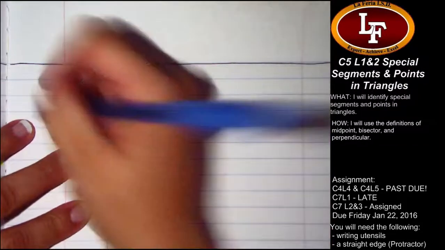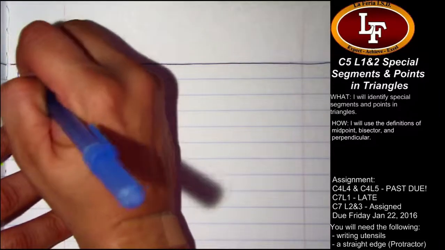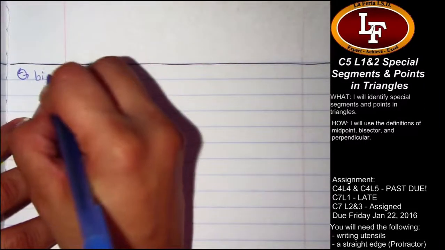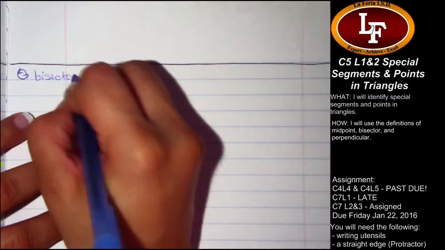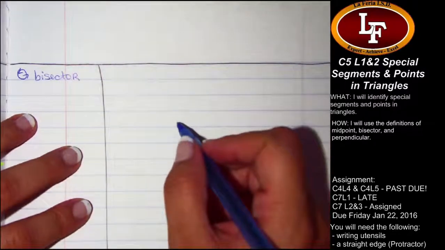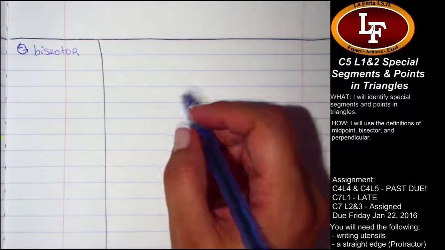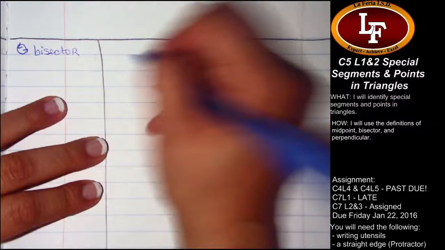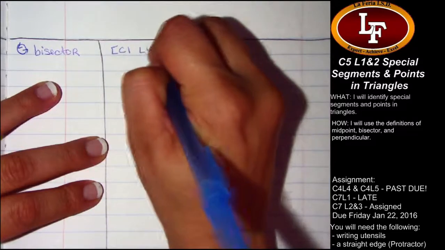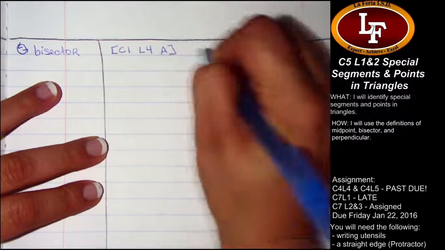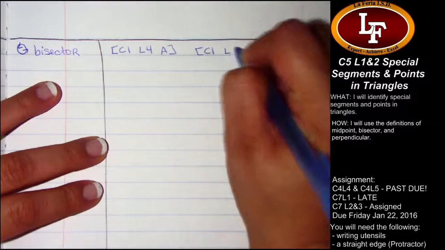Item the first is a recall. What does bisector mean? Yeah, middle, splitting it in half. If you're struggling to remember, you can go back to your notes or to my recorded lectures.